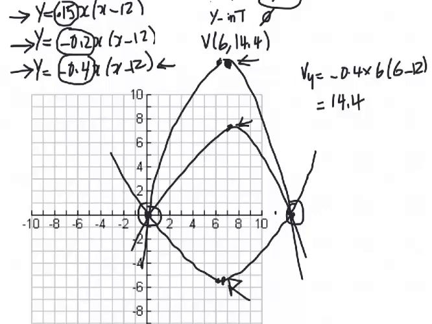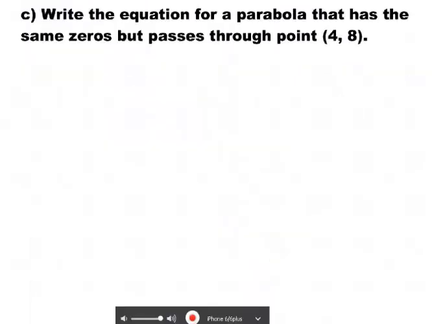Also, because of the value of a, the direction of opening is different. Here, the value of a is positive, so this means that the parabola opens upward, which is this one. And the other two cases, negative 0.2 and negative 0.4, because a is negative, the parabola opens downward, which are these two cases.